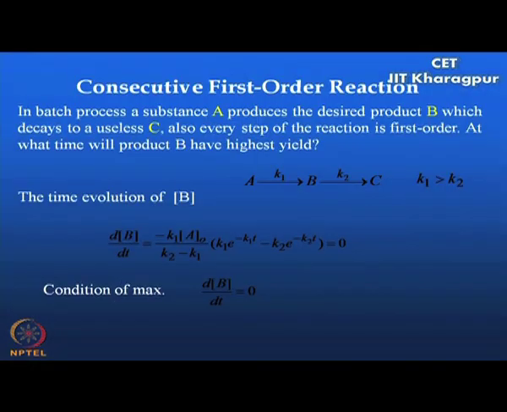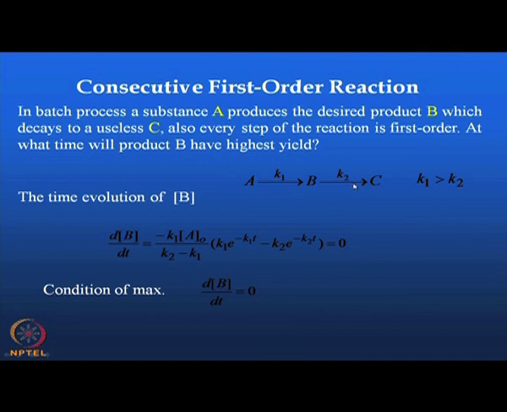So, what will we do? We will first look into the time evolution of B, that is, the time variation of B. So, dCB/dt is equal to the expression I gave you, with K1 A0, your starting concentration, over K2 minus K1. You have to do this exercise, of course, with the assumption that this step is first order, and this step is first order.